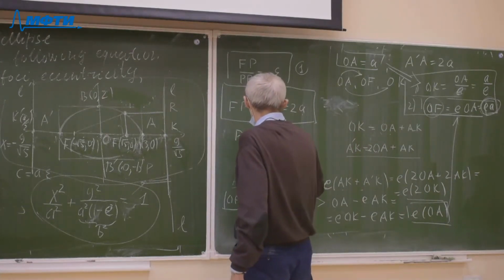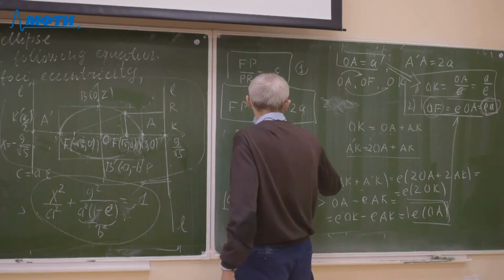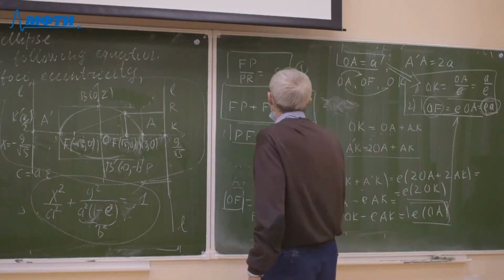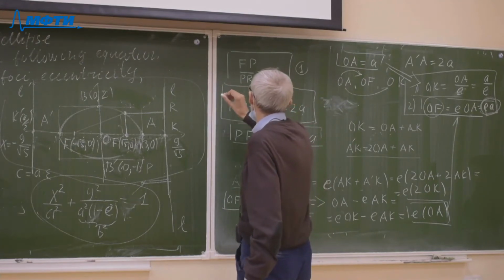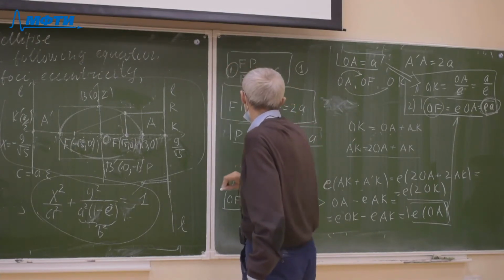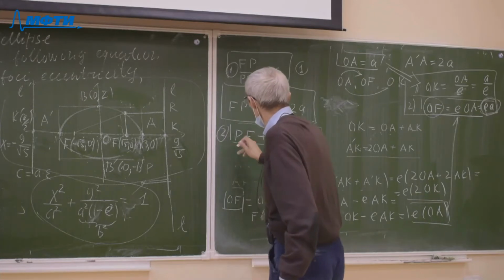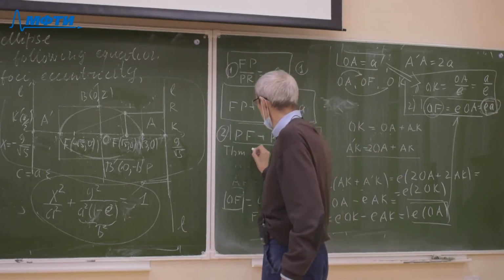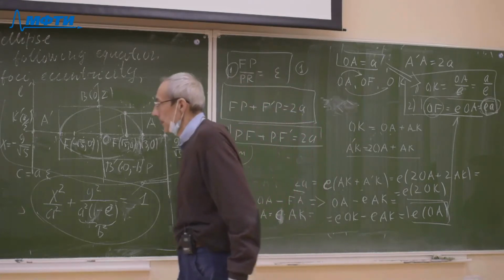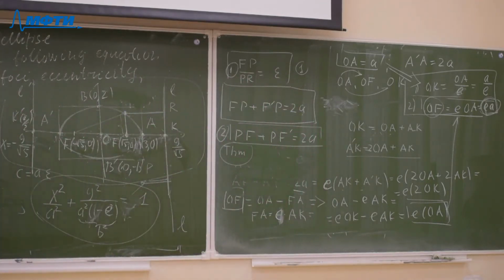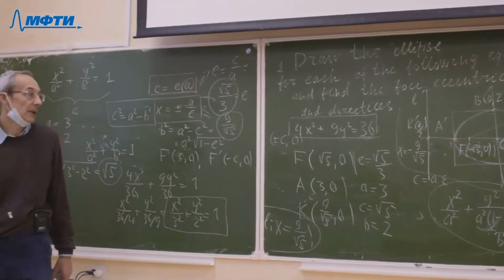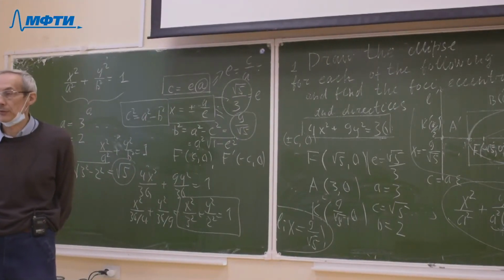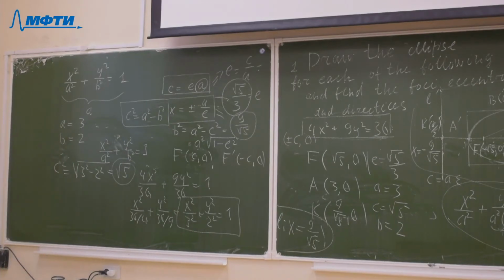PF plus PF prime is equal to 2a. We have the first definition of the ellipse and the second. In our case, the second definition is a theorem. But this theorem is equivalent to the original, initial definition of the ellipse.